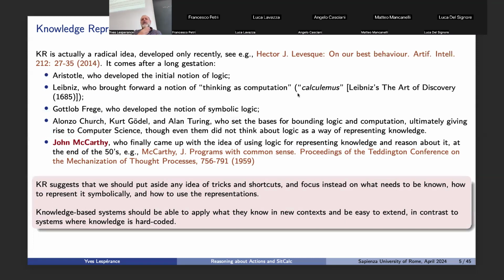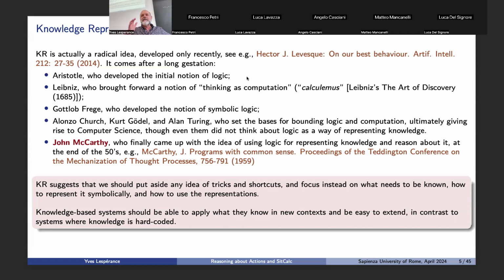This knowledge representation approach, or knowledge-based systems approach, is actually a rather radical idea if you think about it, and it's relatively recent. It follows from a lot of work over a long period of time.